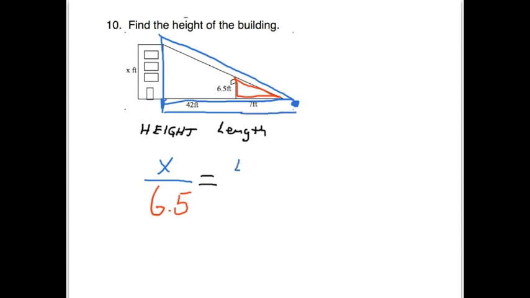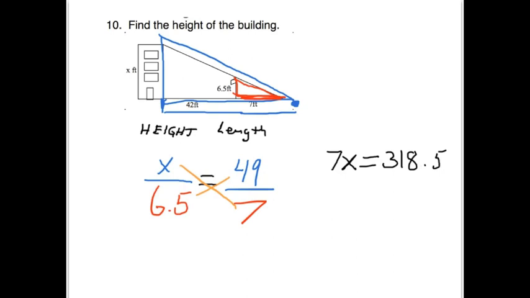In other words, it's 49 feet. That corresponding distance in terms of the flagpole is 7 feet. So now we have our ratios. Let's cross multiply to solve the problem. 7 times x and 6.5 times 49. Dividing by 7 on both sides gives us that x is equal to 45.5 feet.